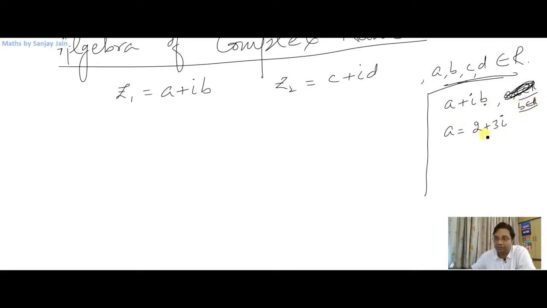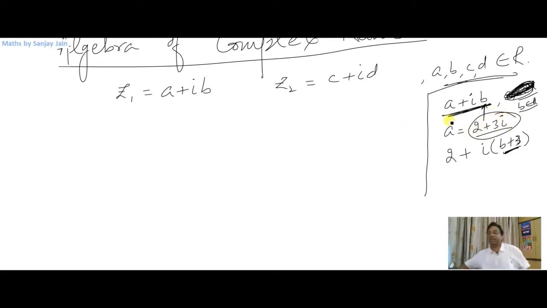Then the number becomes 2 + iota, taking iota common, (b + 3). If I do not tell that a and b belong to real numbers and ask you what is the imaginary part, you may say it is b. But here it is b + 3, because I didn't mention anything about a. So it is important to clarify that a, b, c and d are real numbers.